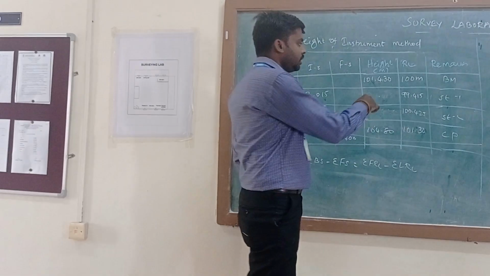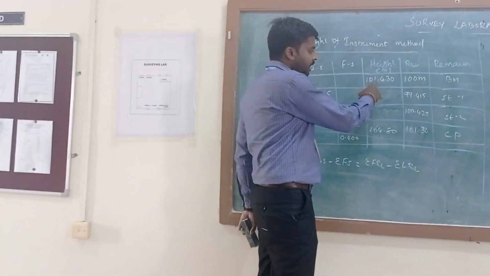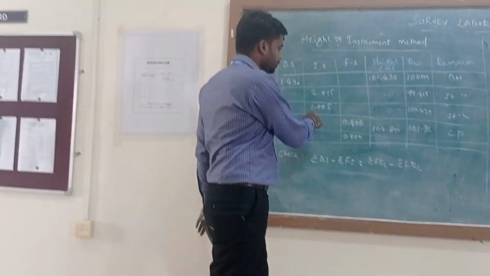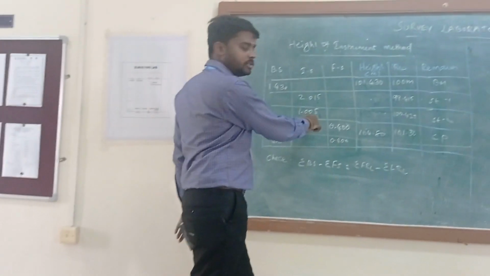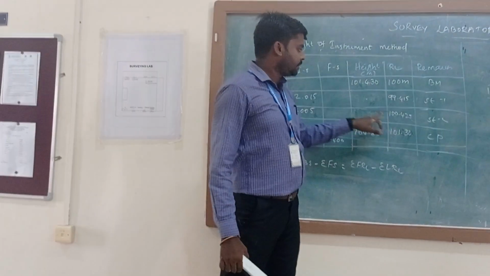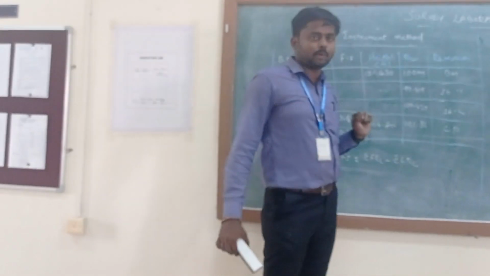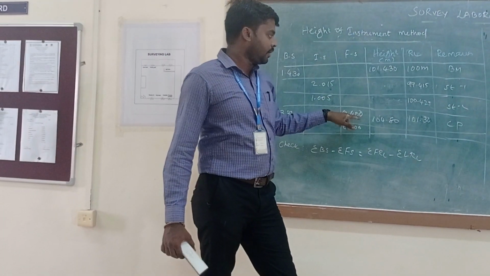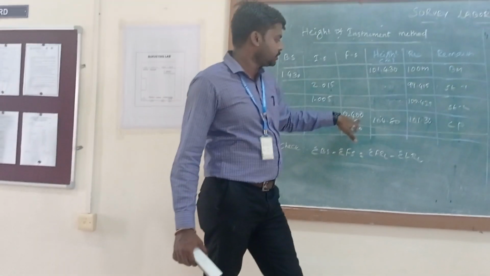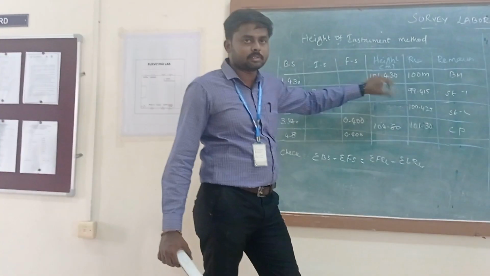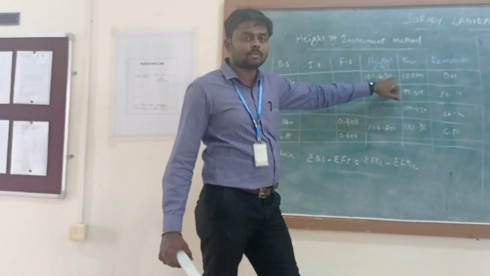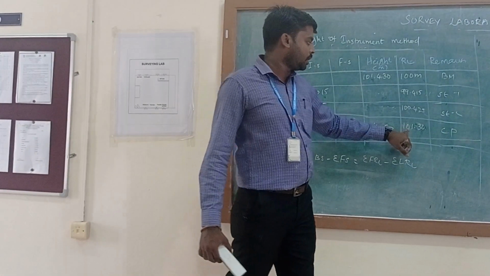Similarly, you subtract another intermediate side, 101.430 minus 1.005, and you get 101.425 meter. That is the height of the station 2 point. And next we have one more point, 0.400. Again you subtract it from the height of instrument 101.430 and write it as 101.30.